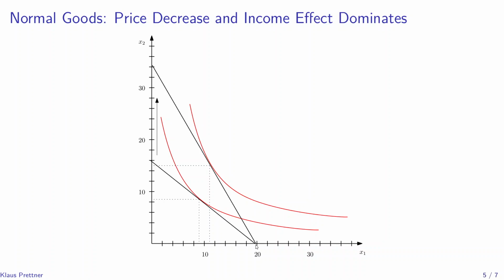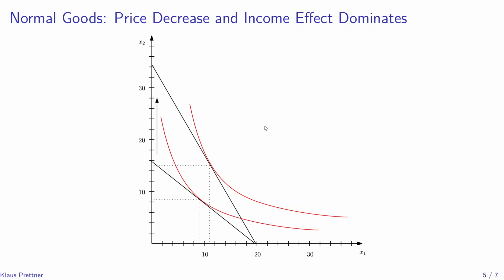If we spend all the budget on good 1, the consumption amount does not change. But since the price of good 2 falls, we can buy much more of good 2 if we spend all of our budget on this good. So the budget line would rotate, in this case clockwise, around the intersection with the x-axis.